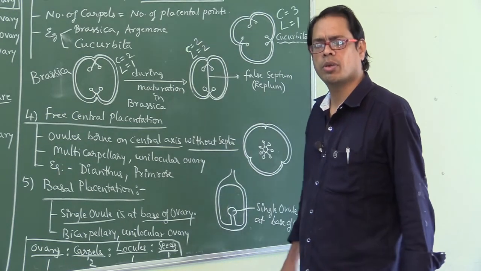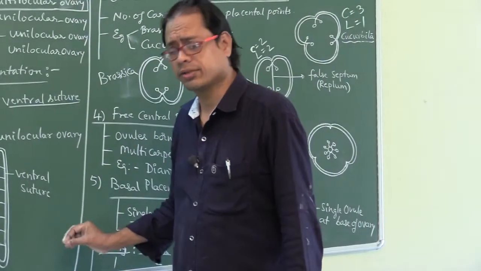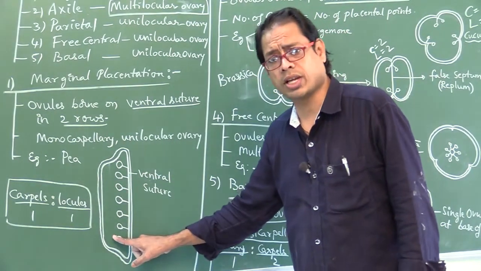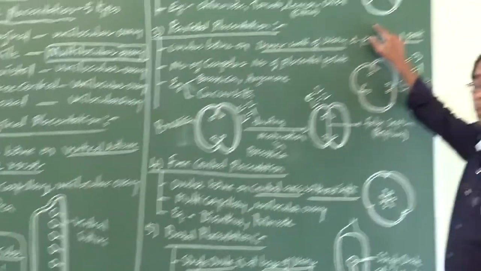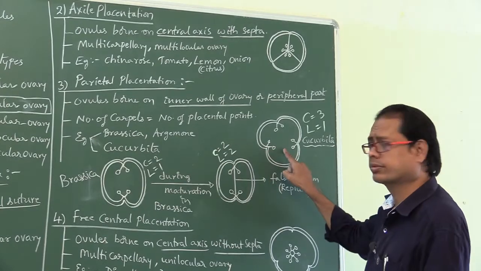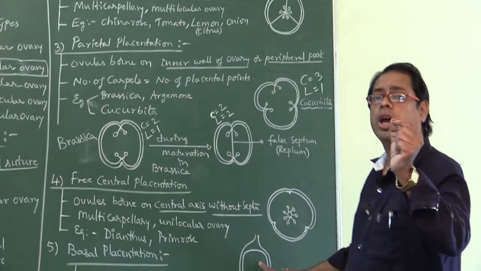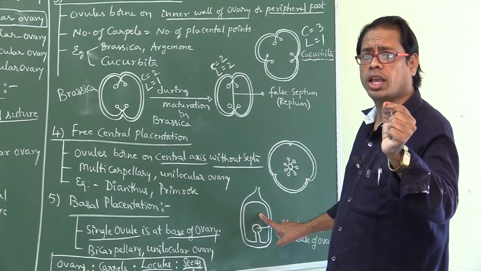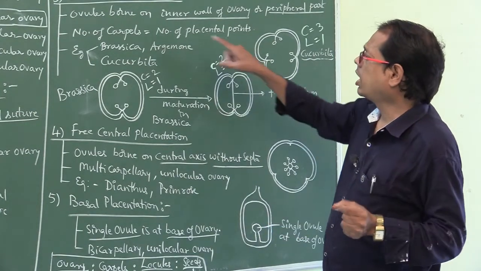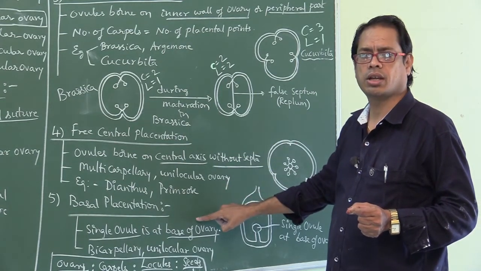After fertilization, ovules develop into seeds. And unilocular ovary, where do you find? In marginal placentation, unilocular ovary is present. Here multilocular, here unilocular. Unilocular ovary is found in marginal, parietal, free central and basal placentation.